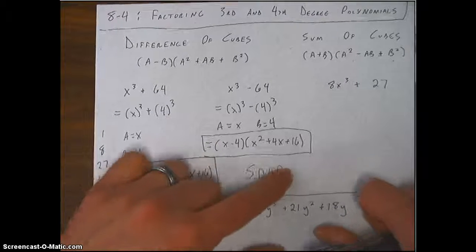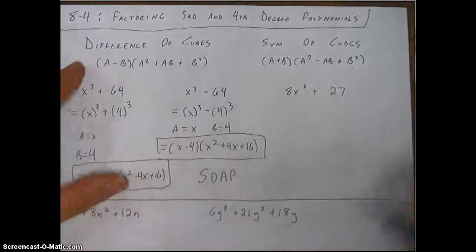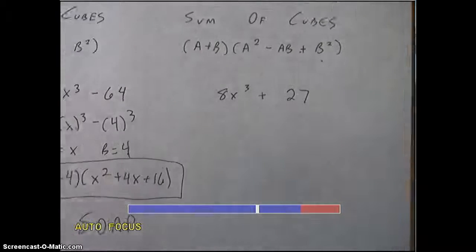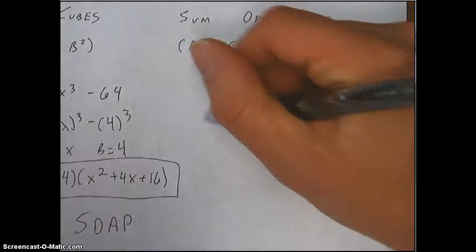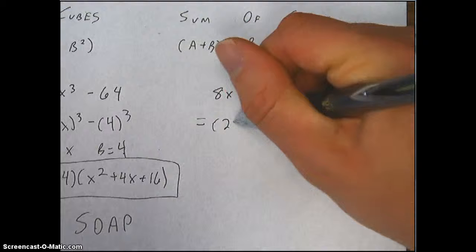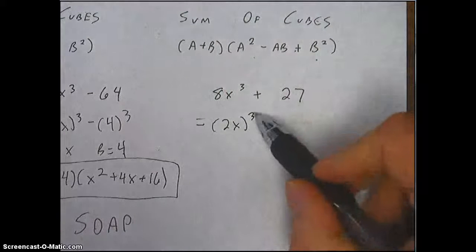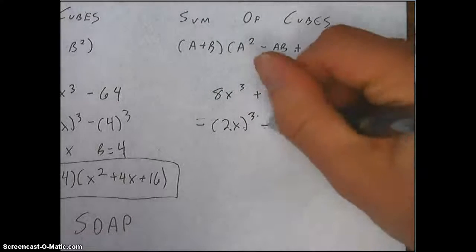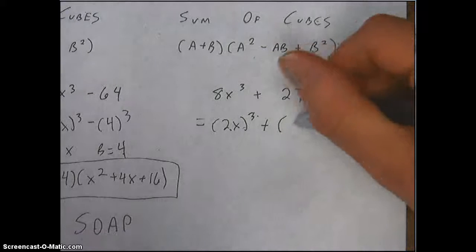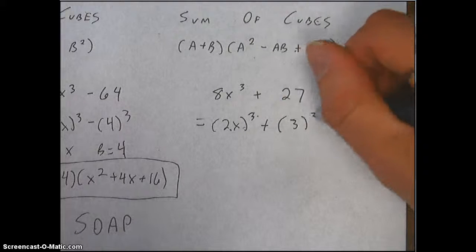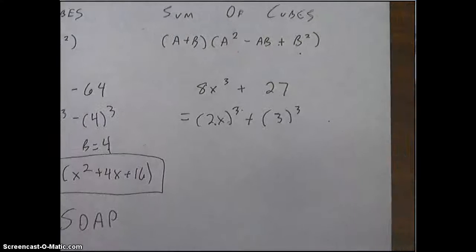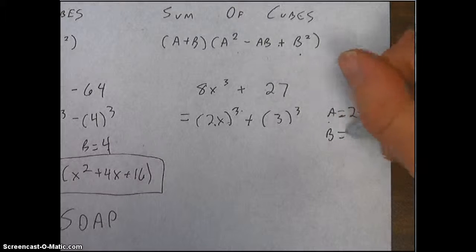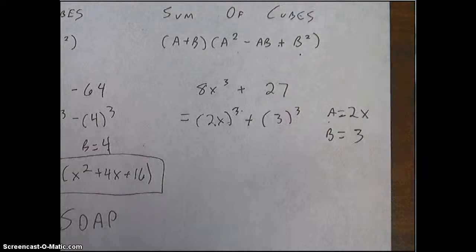Plus, minus, plus. Minus, plus, plus. Let's talk about one more sum of cubes. So here, this is 2x cubed, because that 3 in the exponent distributes to the x and the 2, plus 3 cubed. So my a equals 2x, and my b equals 3.